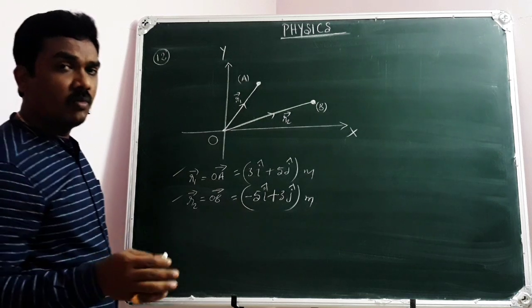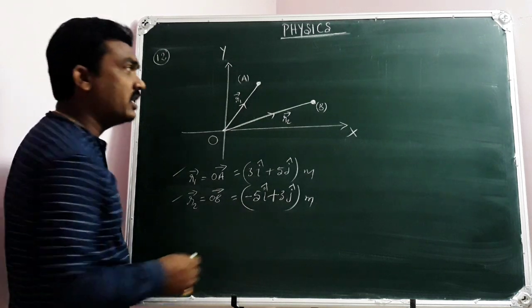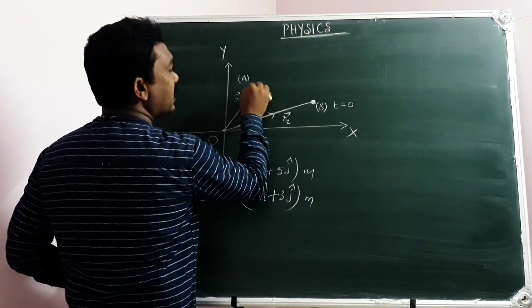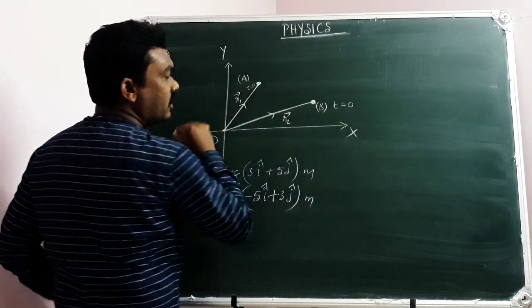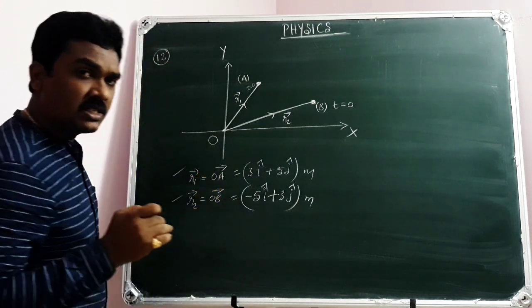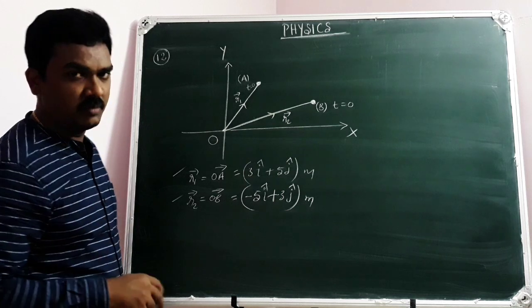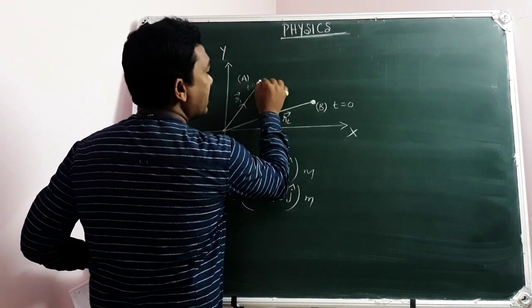Now they started moving with velocities. Initially they are at rest. At t equal to 0, this particle is at rest and this particle also is at rest. But now they started moving with velocity vectors v1 bar and v2 bar, so that they collide after some time. See the diagrammatic representation.